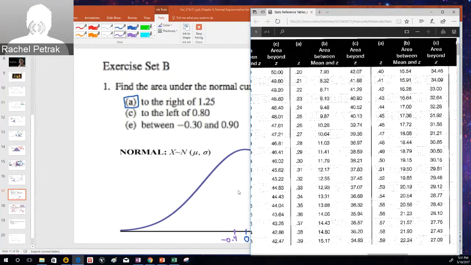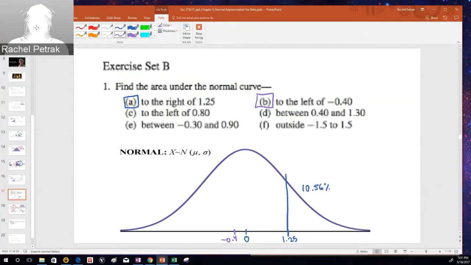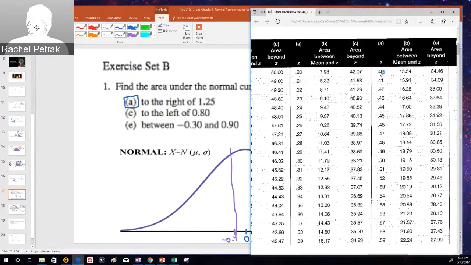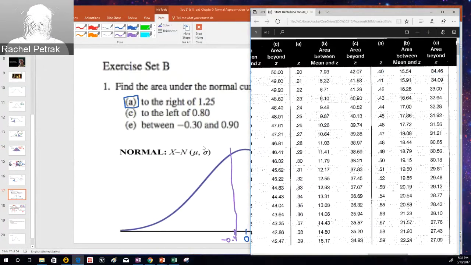If we want to find the area to the left of 0.4, we can use the column C again, because we want to know the area that's beyond this score. And so we just go back to our table. And here I am at a score of 0.4, and the area beyond C is 34.46.